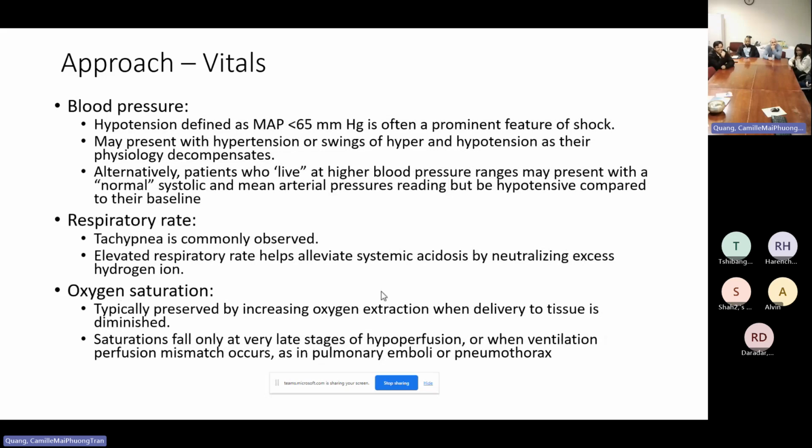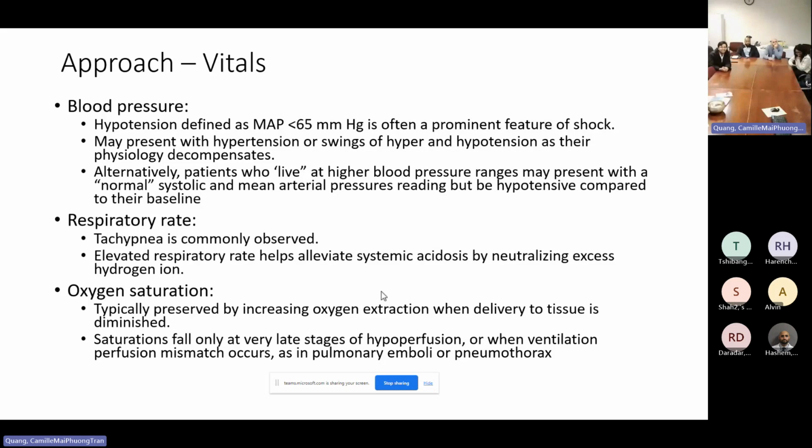So mean arterial pressure is 1/3 systolic plus 2/3 diastolic. Make sense? You can rearrange that equation in a million different ways, but that is the most simplified way that I found it.